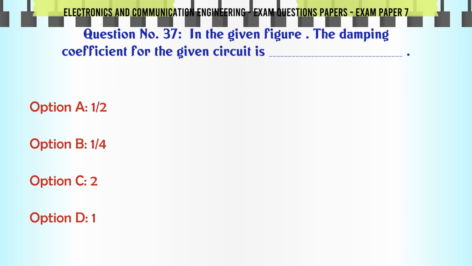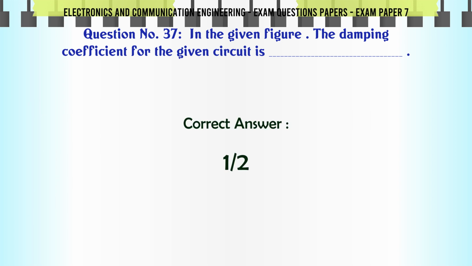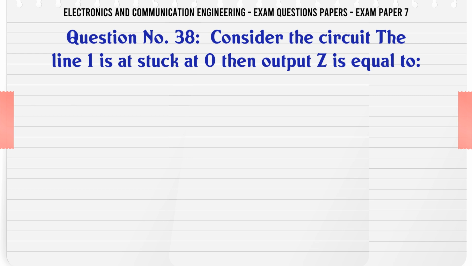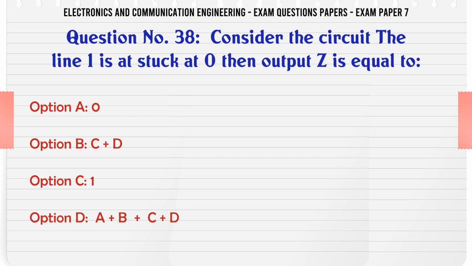In the given figure, the damping coefficient for the given circuit is: A, 1/2; B, 1/4; C, 2; D, 1. The correct answer is 1/2. Consider the circuit. If line 1 is stuck at 0, then output Z is equal to: A, 0; B, BCD; C, 1; D, ABCD.